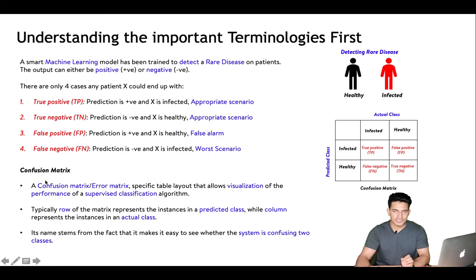And as the name suggests, the confusion matrix is able to tell us how much the system is confusing between the two classes. When the person is infected and classified as infected, it's true positive. Healthy, classified as infected, it's a false alarm, false positive. Person infected and classified as healthy, it's a false negative. And healthy and classified as healthy, it's true negative, where the person is not having the disease.